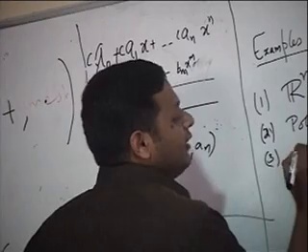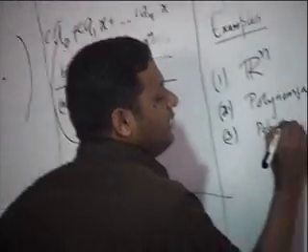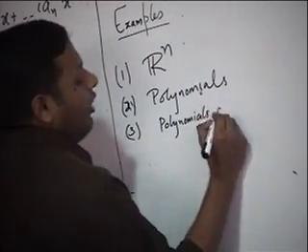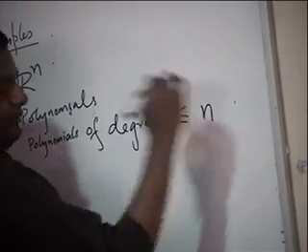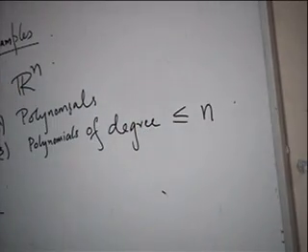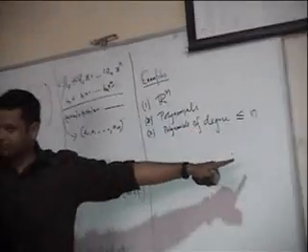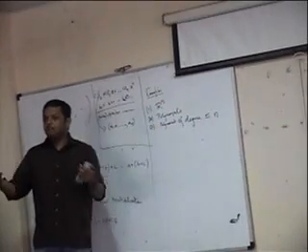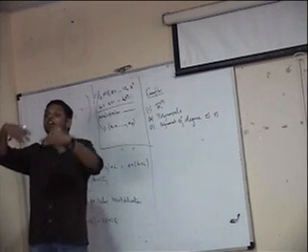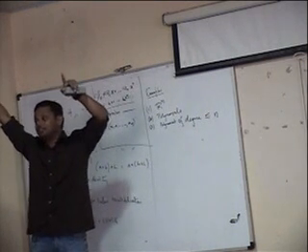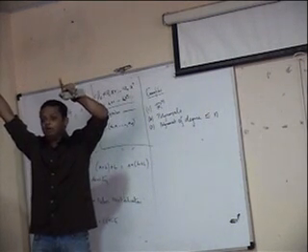Third is polynomials of degree less than or equal to n. Again, it's easy to see that this is a vector space. Why? Because if you add two polynomials, the degree is not going to increase more than the degree of the highest degree polynomial.